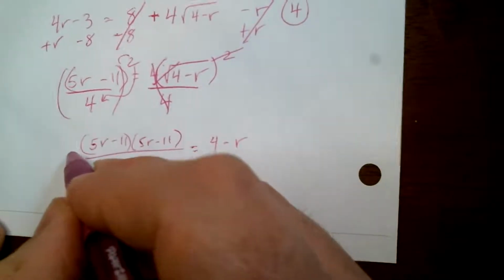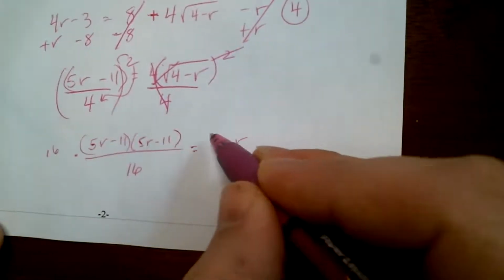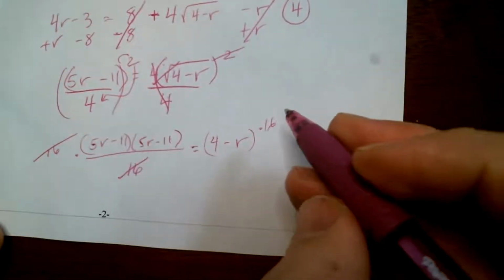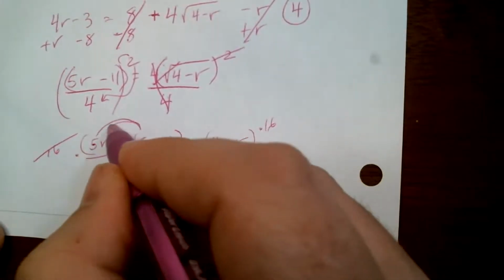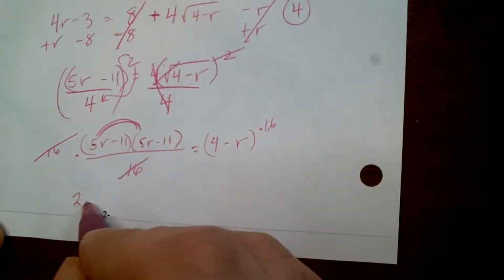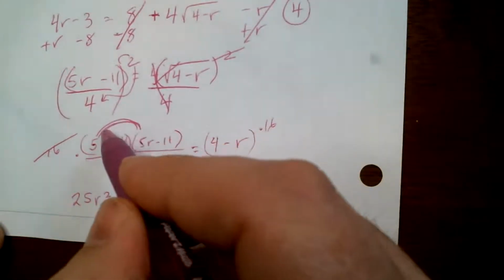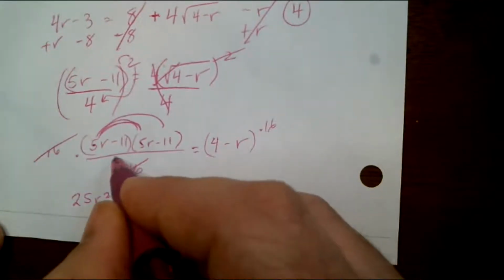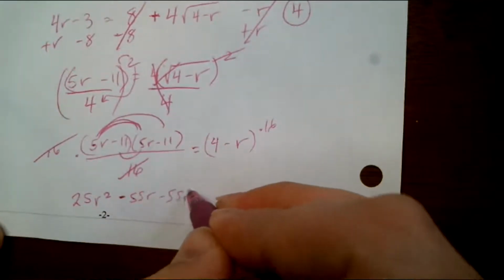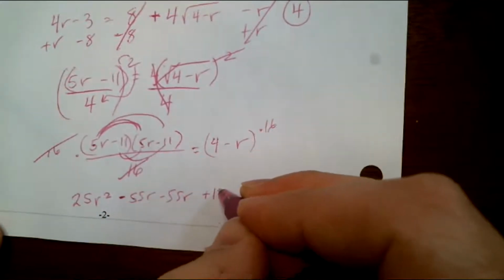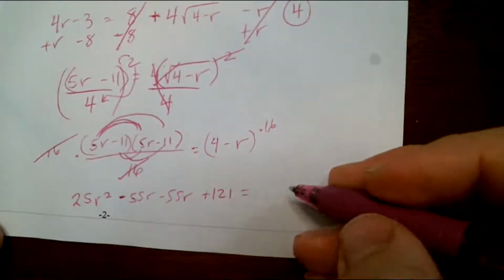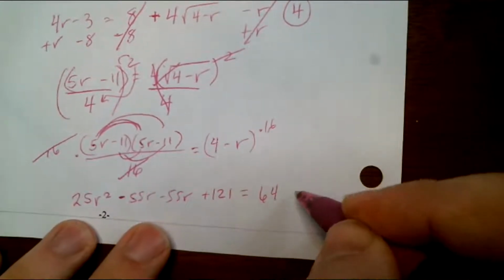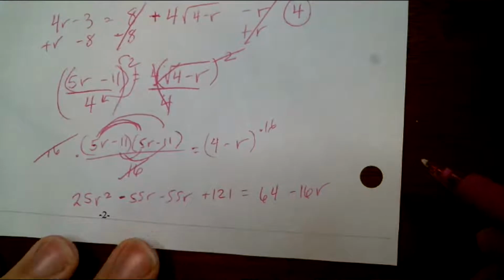I'm now going to multiply both sides by 16 to get rid of the fraction. Cancels, cancels. And now I'm going to FOIL this. 25r squared first, outside negative 55r, inside negative 55r, last plus 121 is equal to 16 times 4, which is 64, minus 16r.